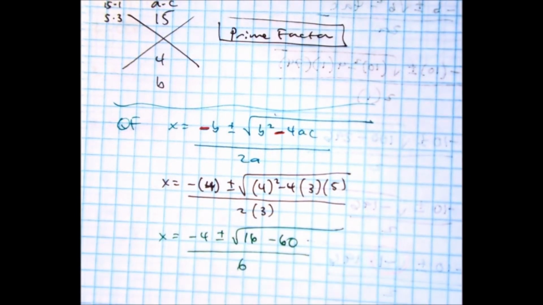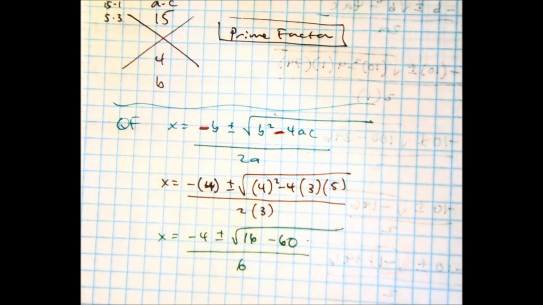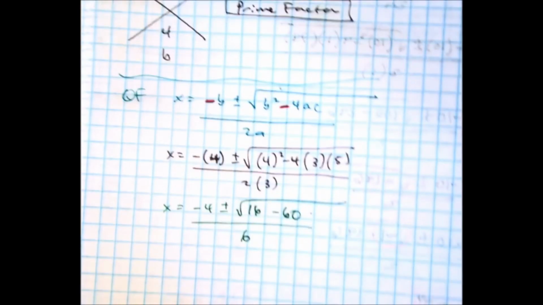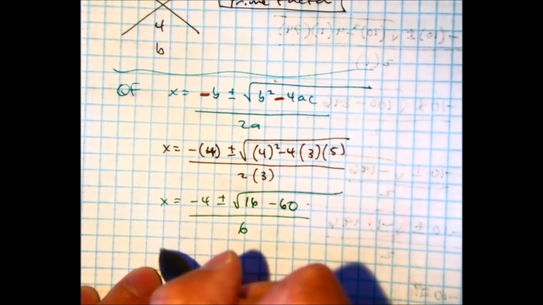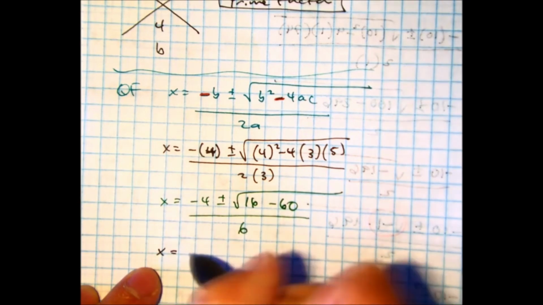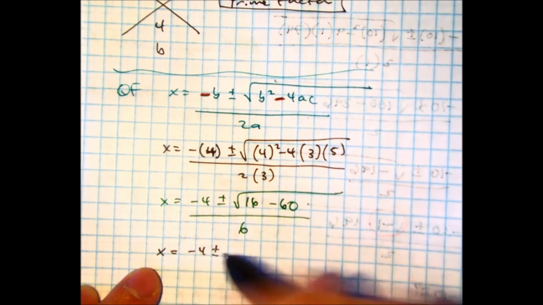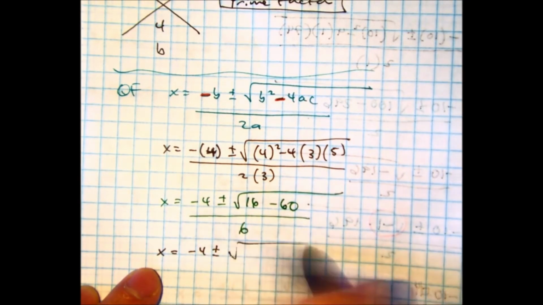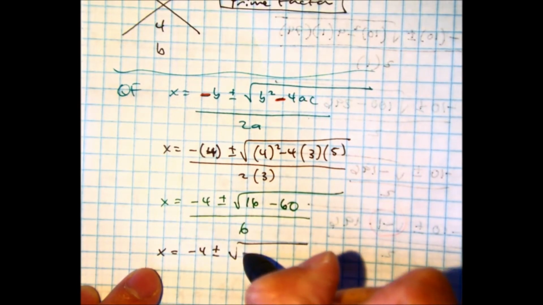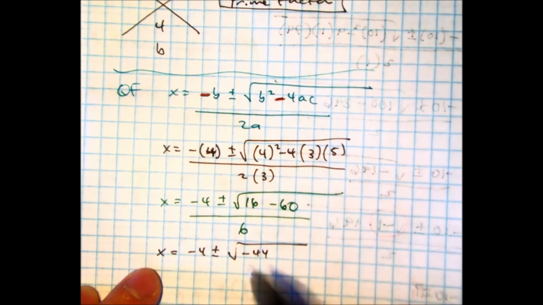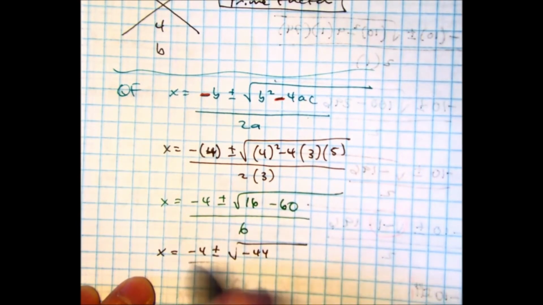Raise your hand if you have that so far. Good. Let's keep advancing. Tatiana? X equals negative 4 plus or minus square root of negative 44. Negative what? 44. Over 6.